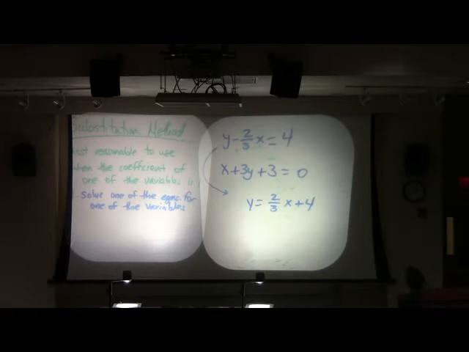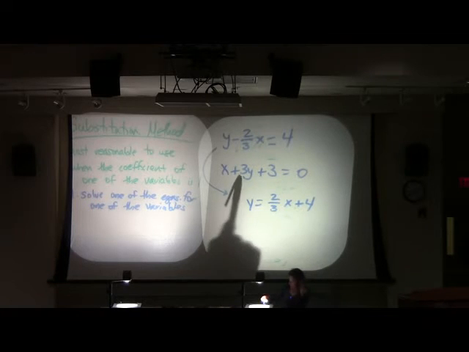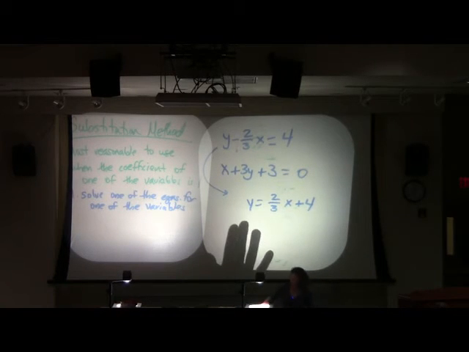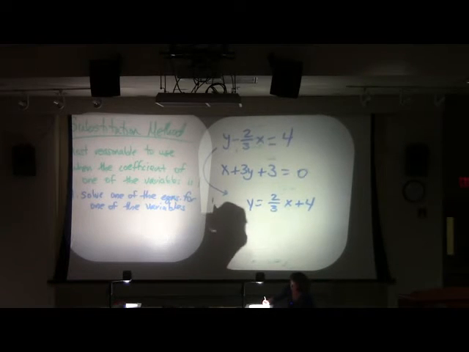If I wanted to solve my second equation for one of my variables, I would scoot my 3y and 3 over and say x is negative 3y minus 3. You guys with me here? Okay, so that is my step 1.